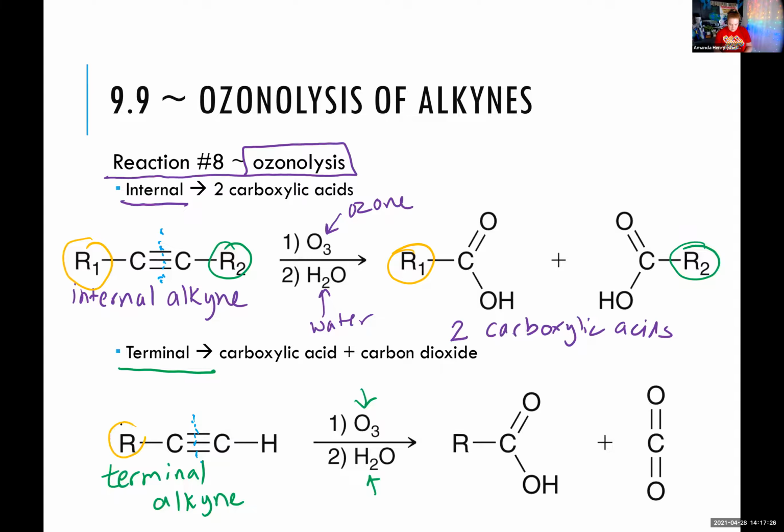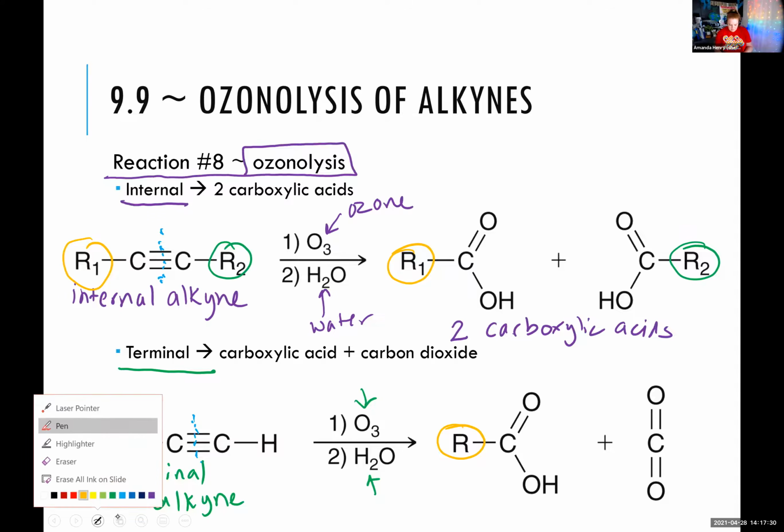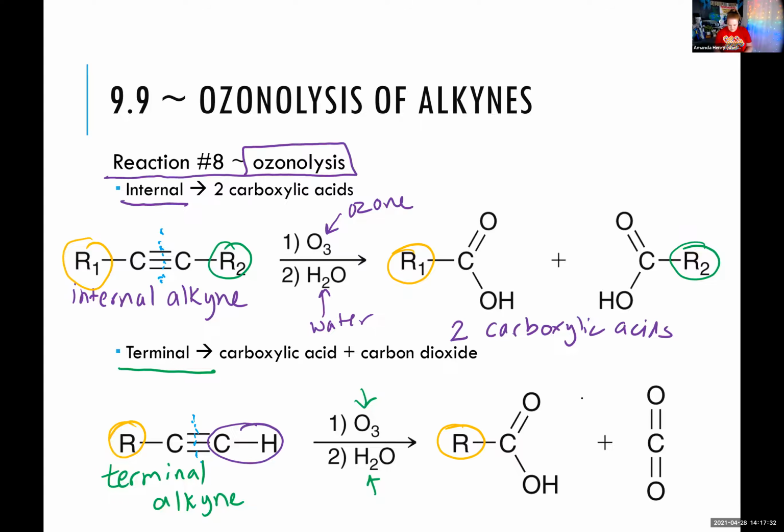And one side is going to make our carboxylic acid. The other side is going to make CO2 gas. So we're going to make one carboxylic acid and the other side's going to make carbon dioxide gas.